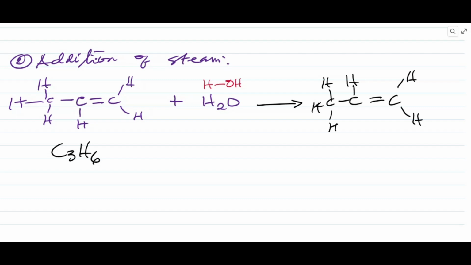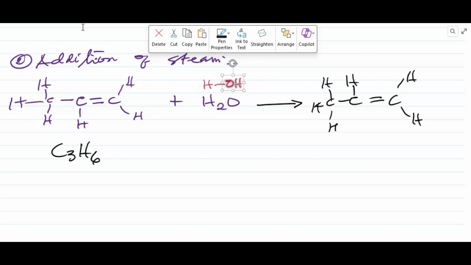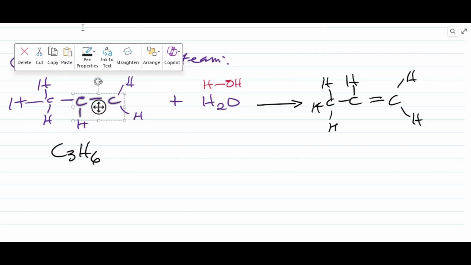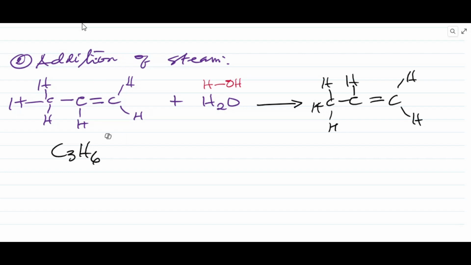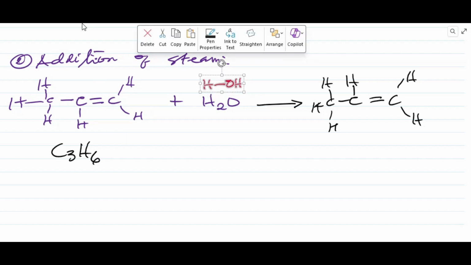So you look at the two carbons that are carrying the double bond, because it is the double bond that makes this compound unsaturated. We want to turn it from an unsaturated compound to a saturated compound. So it means we are going to break the double bond. So the incoming reagent here, this water, is coming to break the double bond.